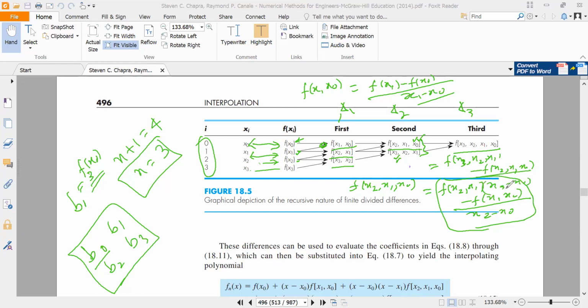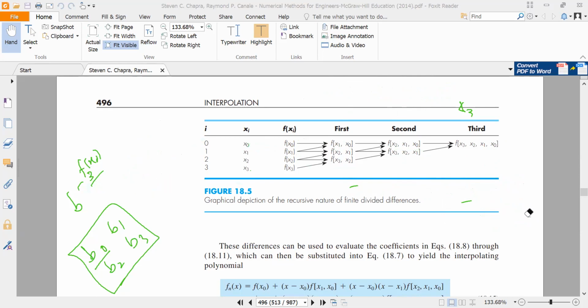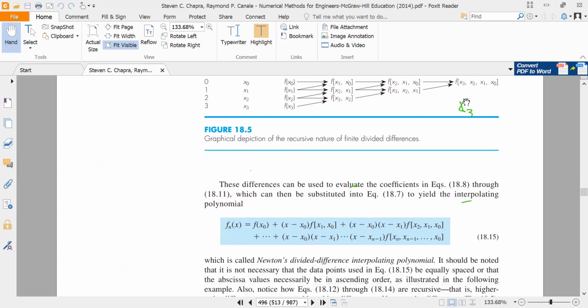That's how your third derivative is calculated. Because you have 4 points, you have no scope to go beyond this for higher order derivatives. In this way, once the derivatives are calculated, you can easily calculate the coefficients associated with your polynomial, and that will not need any solution of simultaneous equations.